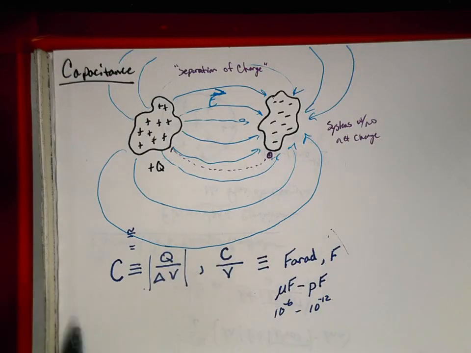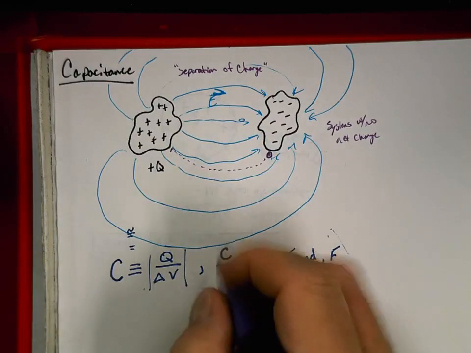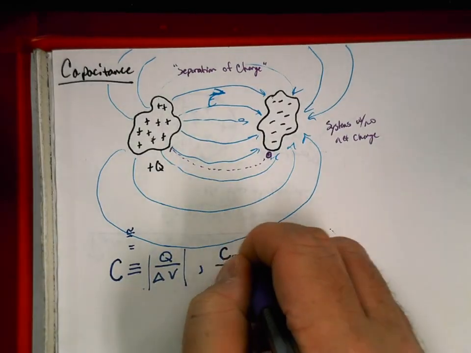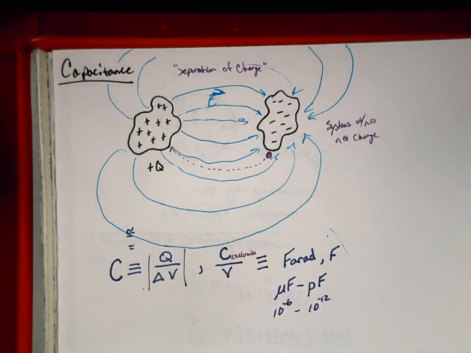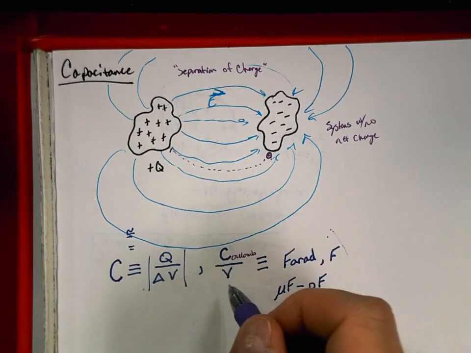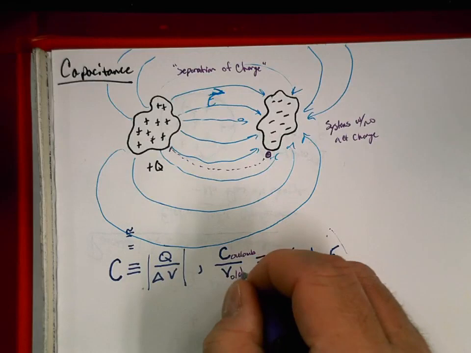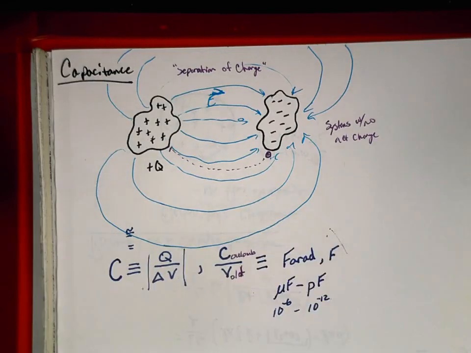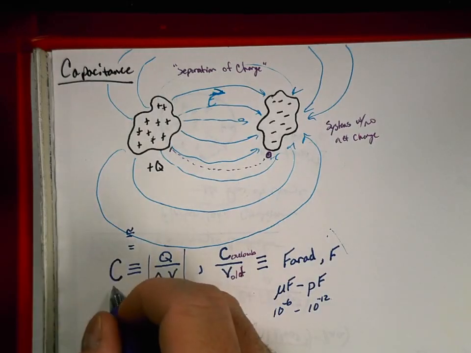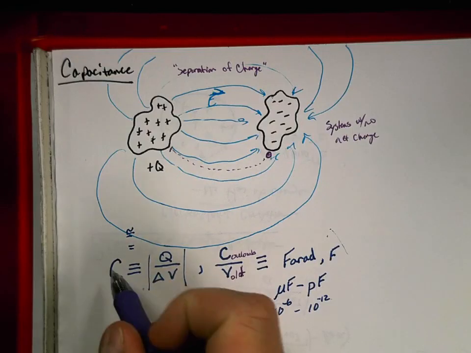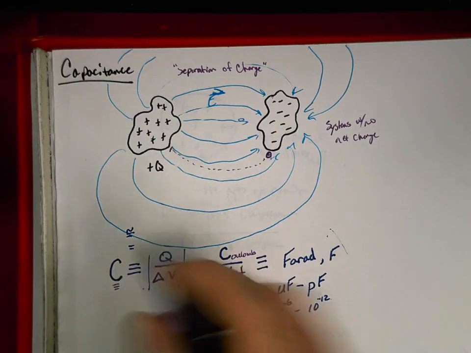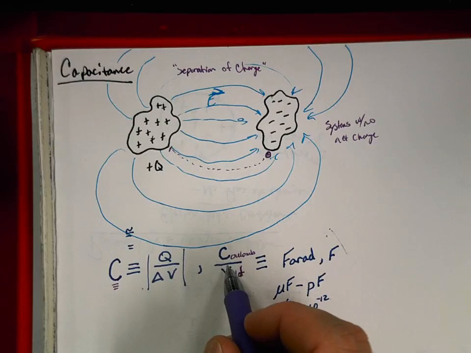Okay, now, here's the trouble. And this is a common pitfall that you guys need to avoid. This is coulomb. Our unit of capacitance is a coulomb per volt. Volt with a T, not a D. Volt. Do not confuse this C, which stands for capacitance, which is the variable for capacitance, with the unit coulomb.